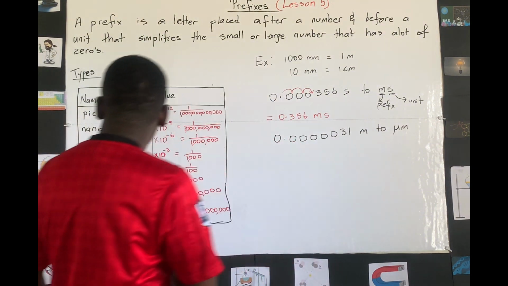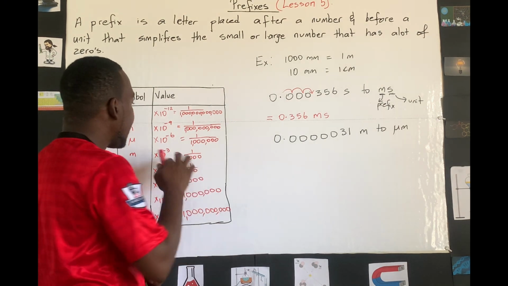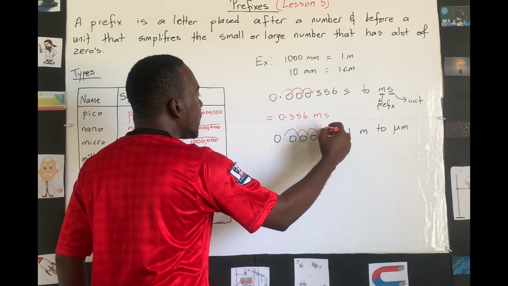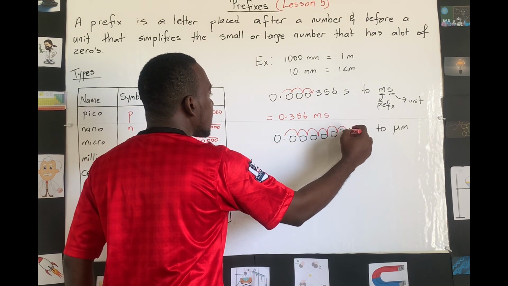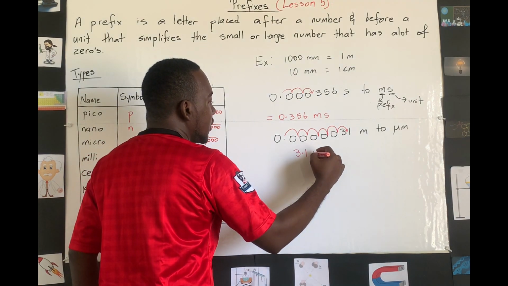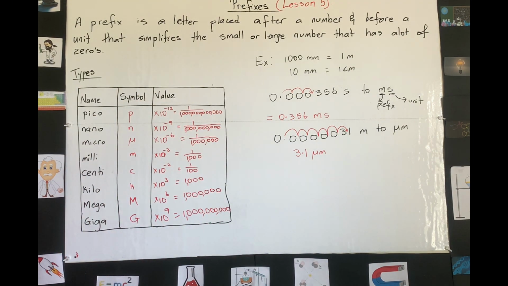So micro, we know, is 10 to the negative 6. It's negative, so that means we're moving it 6 times to the right. 1, 2, 3, 4, 5, 6. And hence we will get 3.1. It's not meters anymore, it's now micrometers.